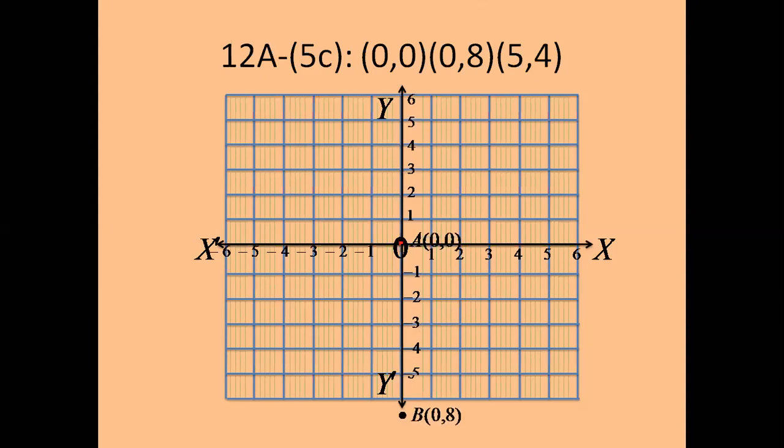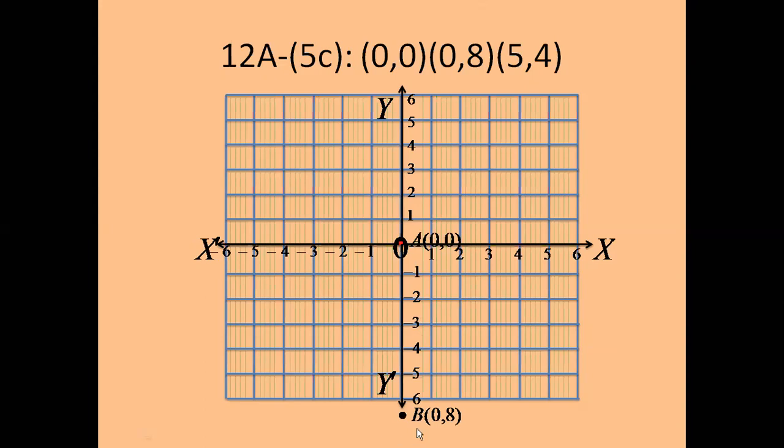Also try yourself. Put the points A, B, C. The first point is called A. The name is not given, so I am giving the name. First is (0, 0). That's why this center will be the point (0, 0). The second point will be (0, 8).